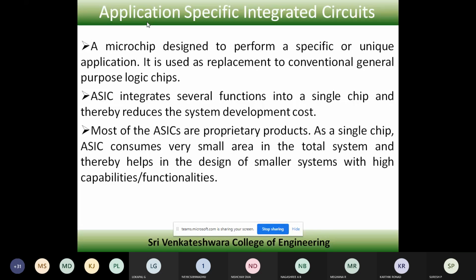Anybody having any doubt in pipelining? Any doubt with respect to the difference between Harvard and von Neumann architecture? Or with respect to the next topic we discussed, little endian and big endian?